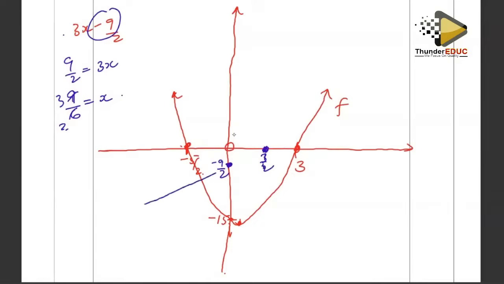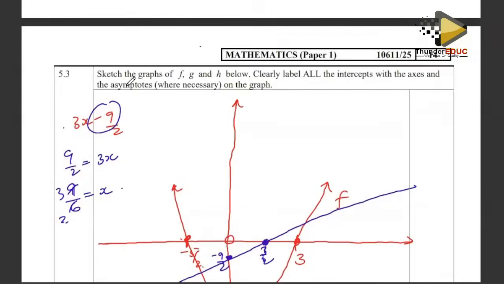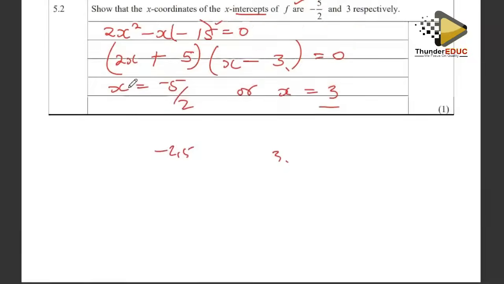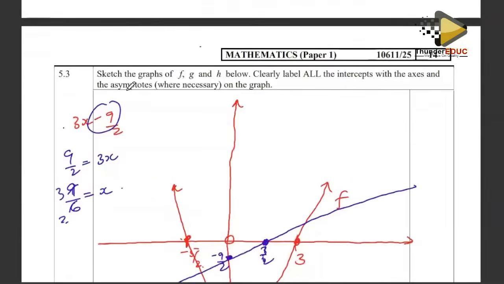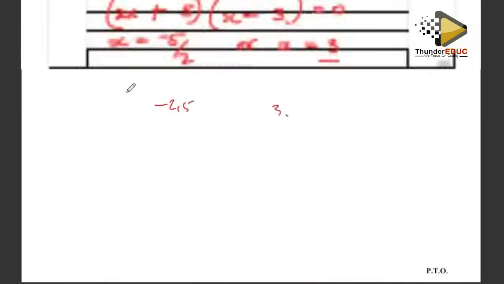Remember, this one is a straight line, so it should just continue. This is G. And then H, which is the log equation, we have the log of 1/3x. You can play around with it.